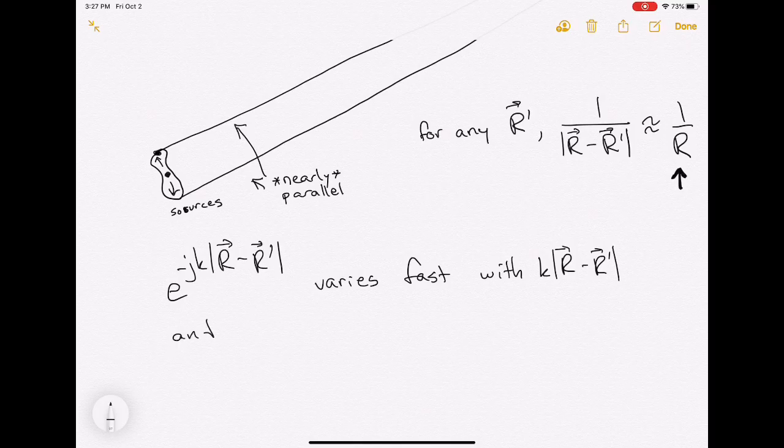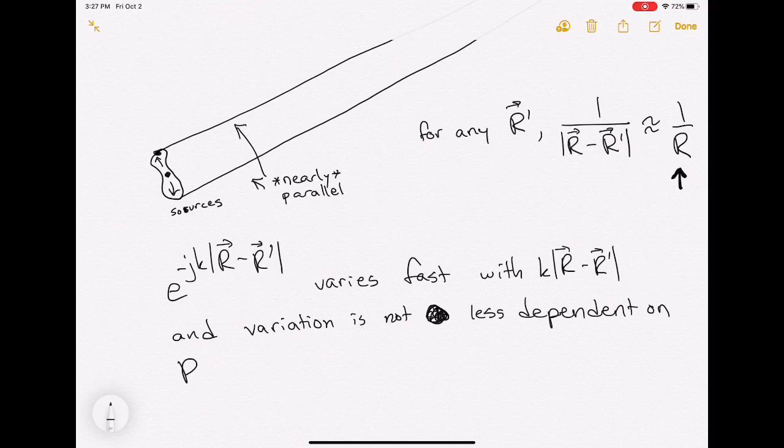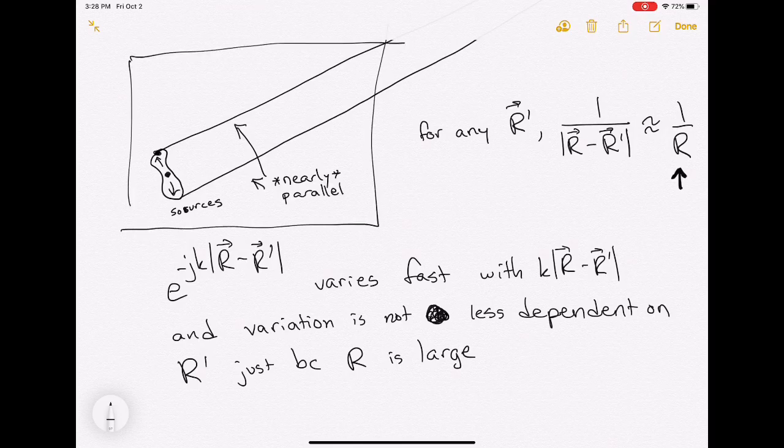And that variation doesn't get slower just because r is large. Or rather, it doesn't depend less on r prime just because r is large. That doesn't mean we're out of luck, though. This part here, where I say that those two lines are nearly parallel, that's going to be the key.